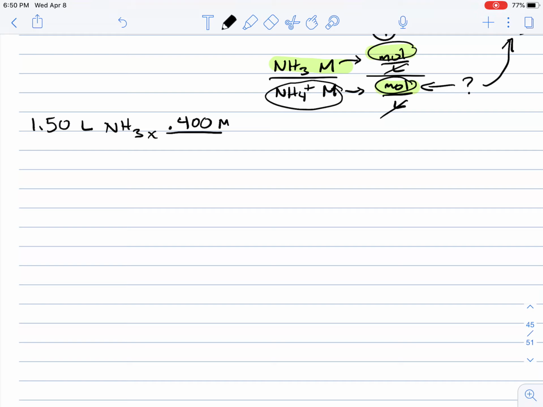And so I'm going to convert molarity into moles per liter, and that'll allow us to cancel out the volume. If I multiply across, the number of moles that I would get is 0.600 moles of ammonia.